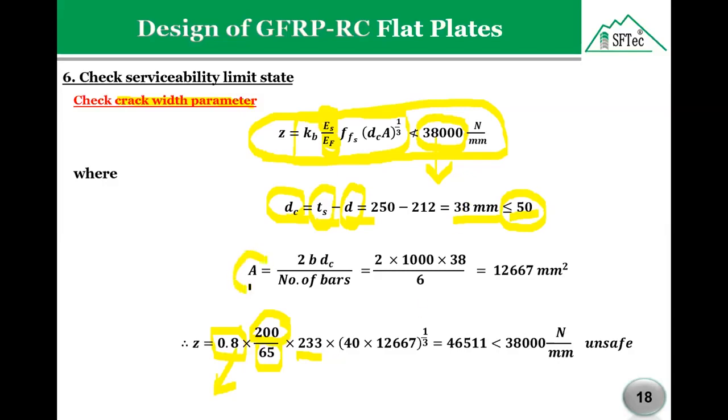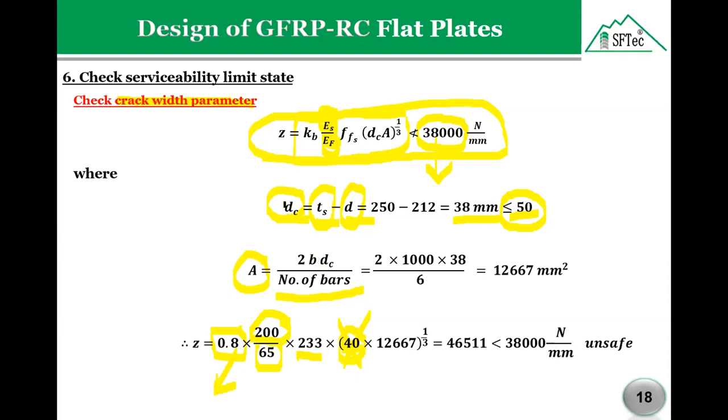And also here for the factor A. The factor A equals 2 by B by DC over the number of bars. So here this one should be 38, not 40. I'm sorry for this mistake. This one should be 38. So the factor A is the last factor we are going to calculate in this equation. The factor A equals 2 by B. B is the width of the strip, so we took a strip of 1 meter width.